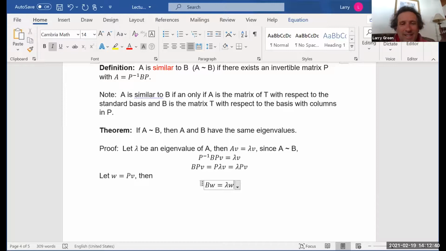Let me give you a heads up of what you really want, and that is if you have a basis that's not so nice, or a matrix that's not so nice, then it turns out we can make it nicer. What's the nicest matrix there is?